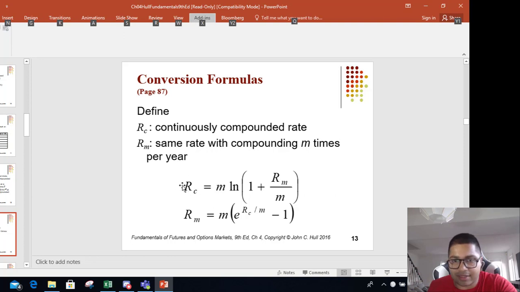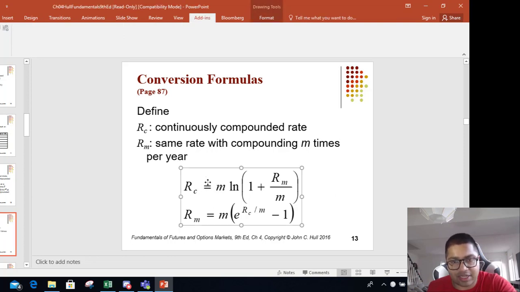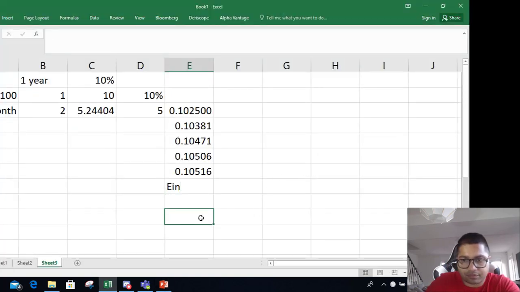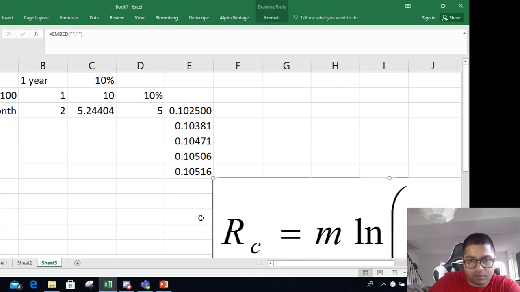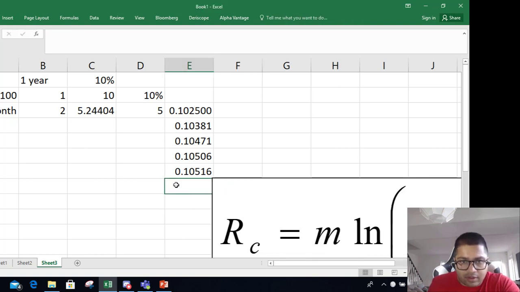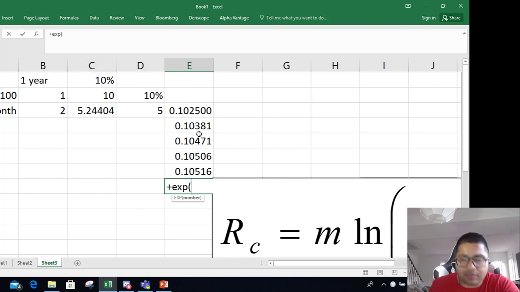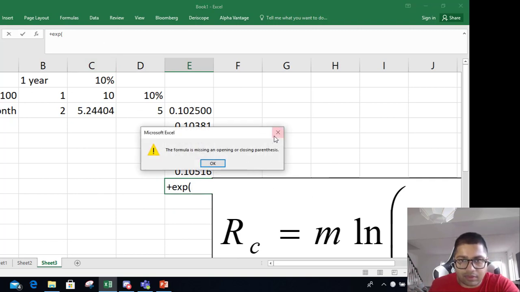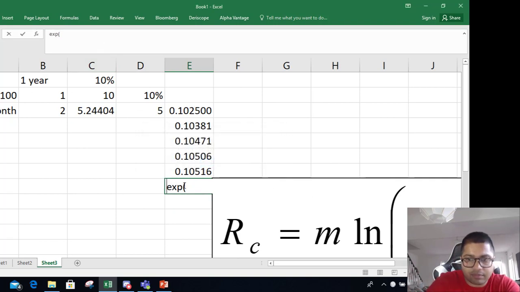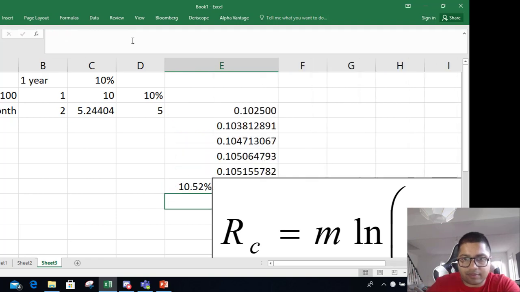So these two formulas, I'll show it to you on Excel. It will be exponential, e is the exponential function, to the power of the rate, minus 1.